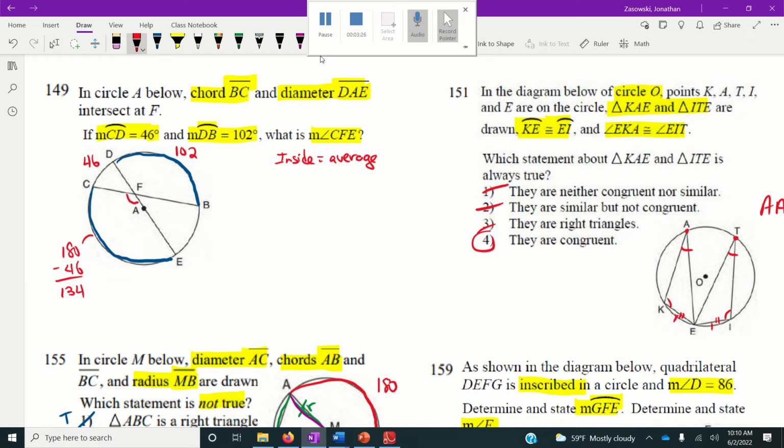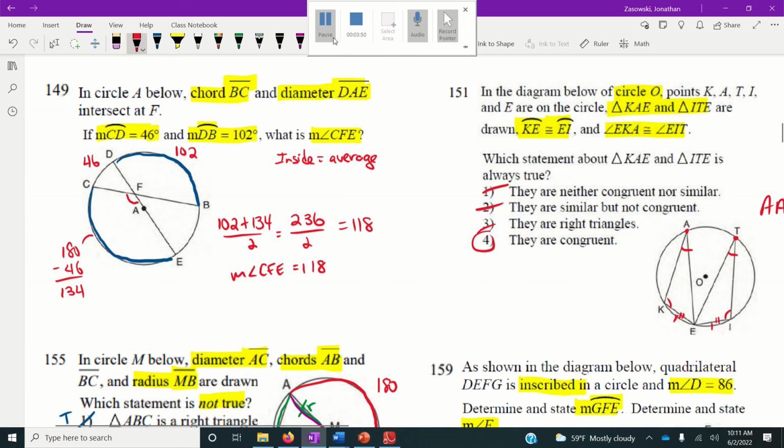And then since we're doing the average, we're going to average the two arcs. So 102 plus 134 is 236, divided by 2. And then when we take half of that, we're going to get 118. So that is the measure of angle CFE.